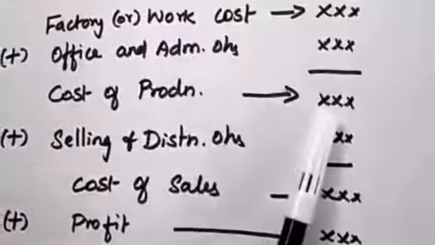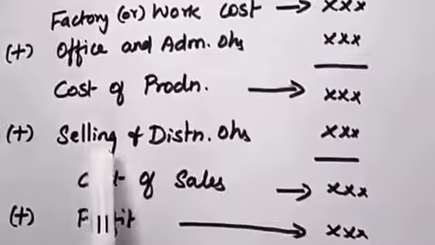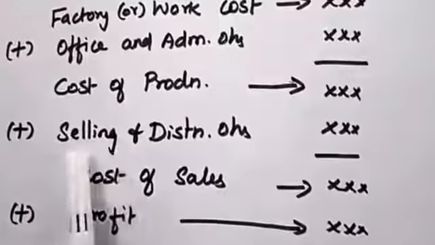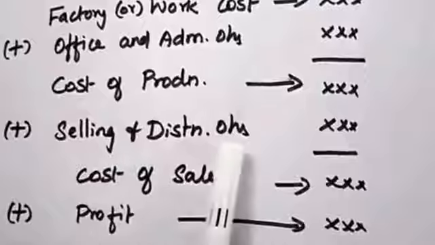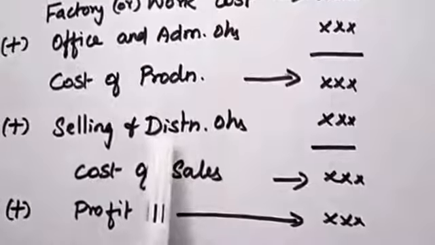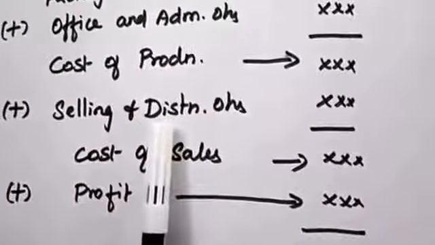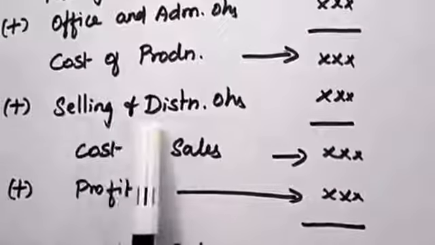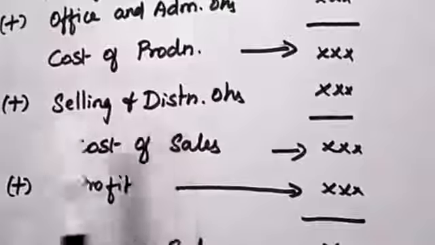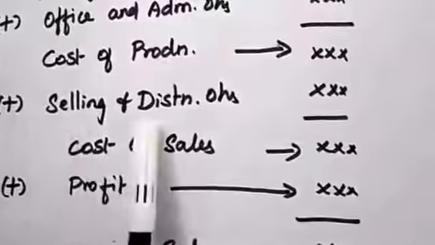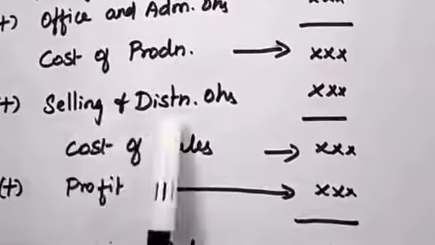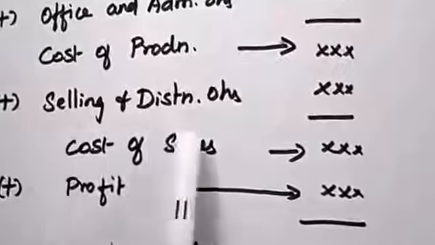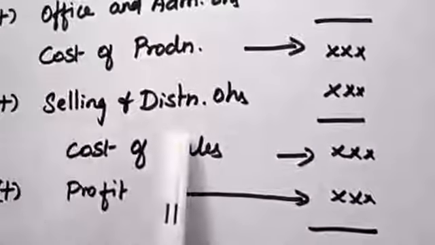Then after finding the cost of production, you need to consider the third category, that is selling and distribution overheads. Now the product is ready for consumption and we need to incur some additional expenses. For example, packing, delivery van, delivery charges, advertisement, salesman salary, salesman commission, agent commission.